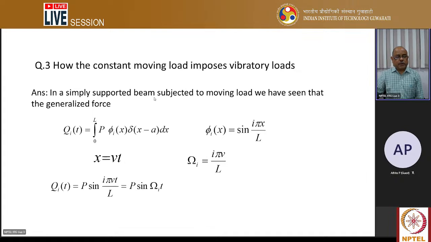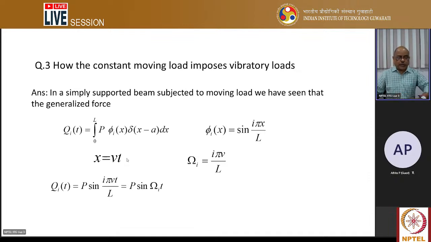How does the constant moving load impose vibratory loads? In a simply supported beam subjected to a moving load, we have seen that the generalized force is given by this expression: P phi of x into delta of x minus a, where a is the position of this moving load measured from one end, and at any instant of time t, the position is measured as velocity into time.